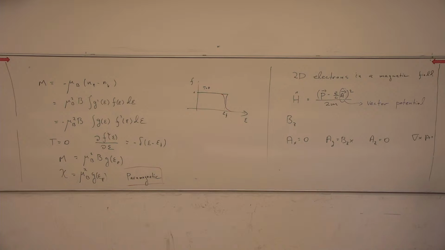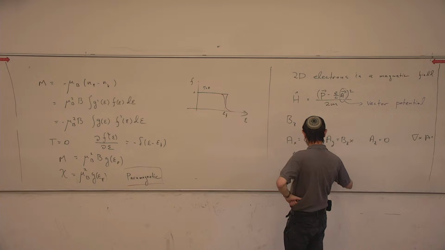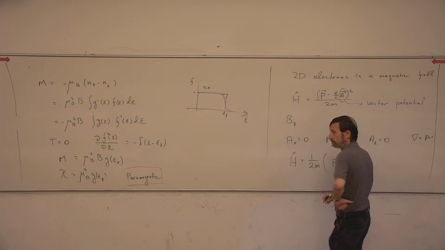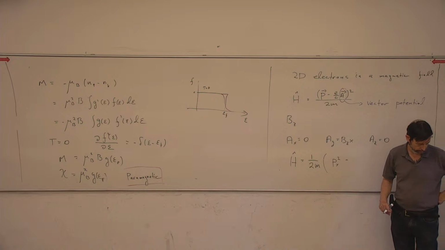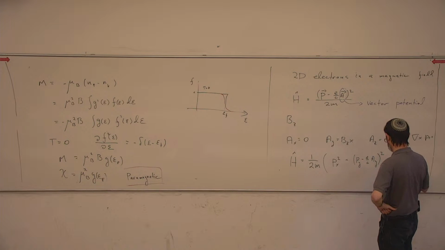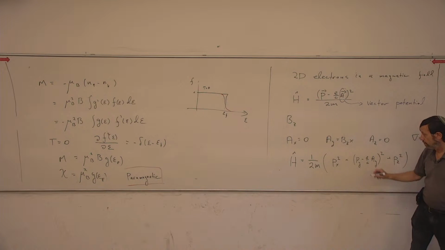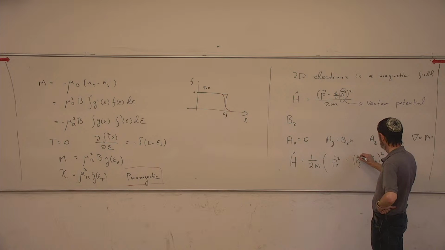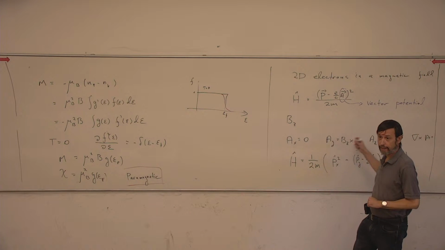So let's rewrite our Hamiltonian. Why? Because AX and AZ are equal 0.